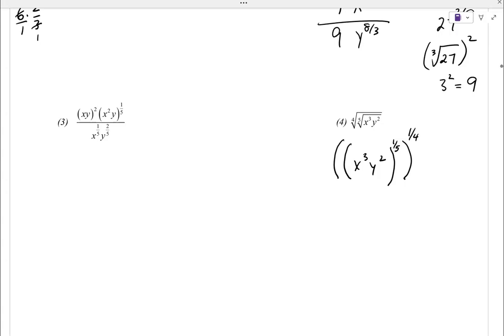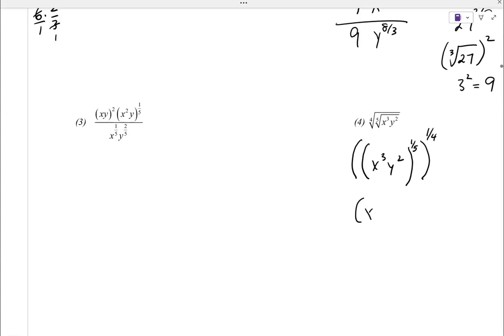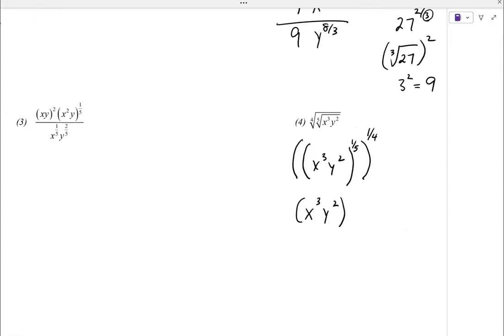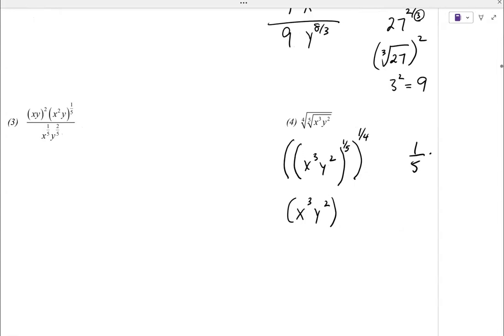What can you do with the exponents? Multiply, right? When you multiply 1/5 and 1/4, what do you get? How do you multiply fractions?